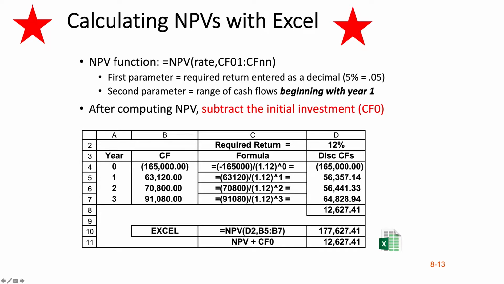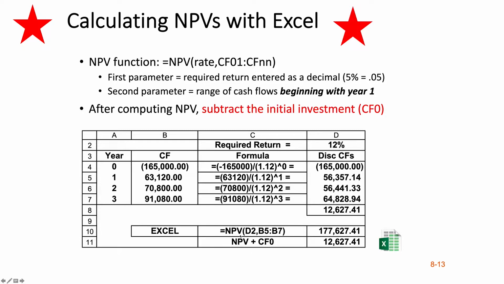Now in Excel, we write equal to NPV parenthesis D2. The D2 is the interest rate, 12%. Comma, then you're starting from B5. Here B5 is the first cash inflow, up to B7. It's not starting from B4. You're starting from B5.